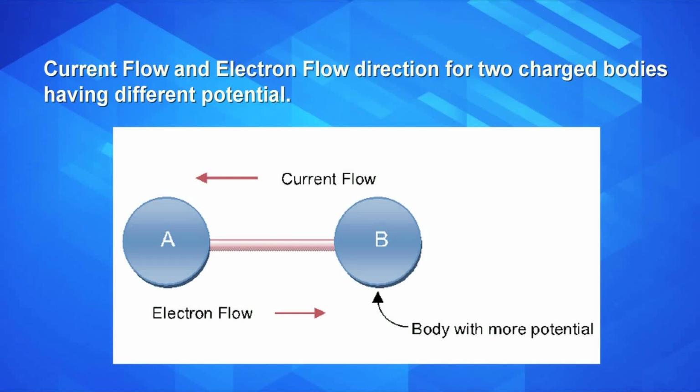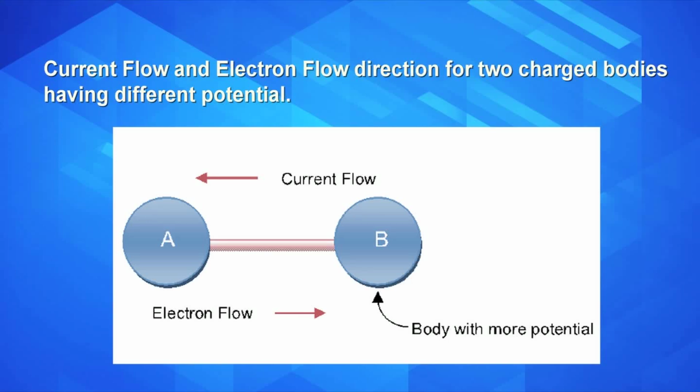If these two bodies are connected together, free electrons from A will flow to B. This occurs because B is at higher potential, and as the definition of electric potential shows, charge is inversely proportional to potential. This signifies that B is at higher potential, so its charge is less.